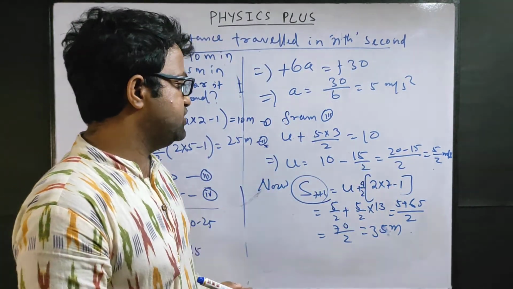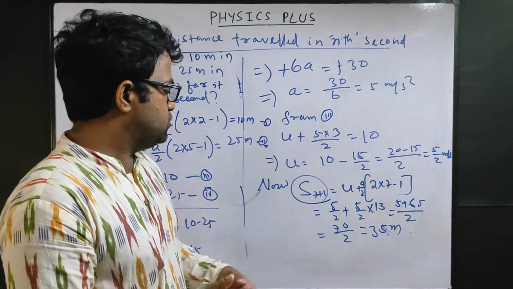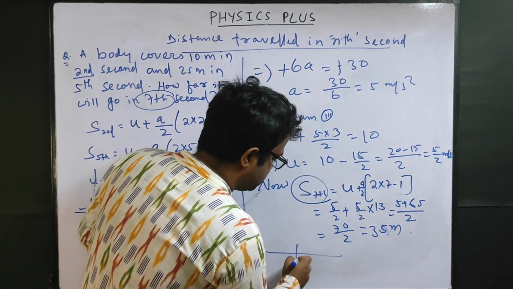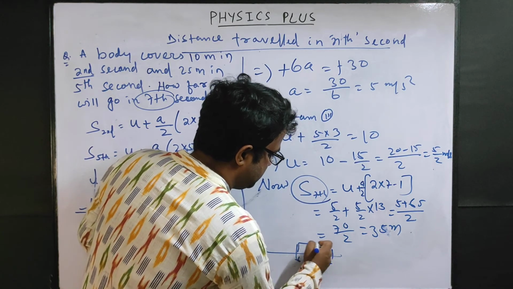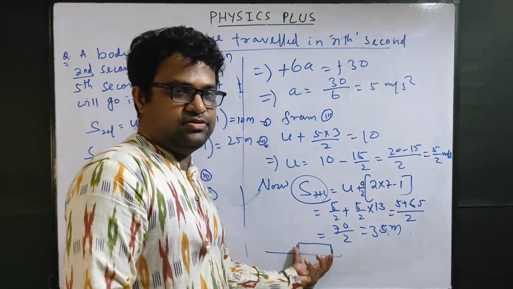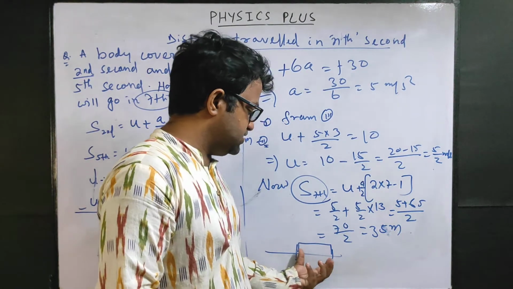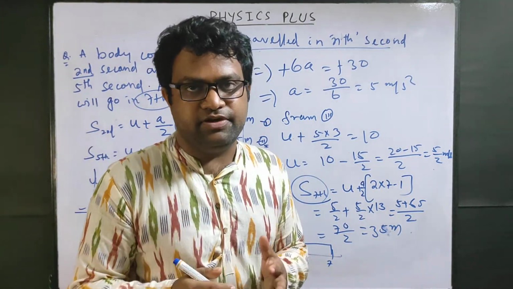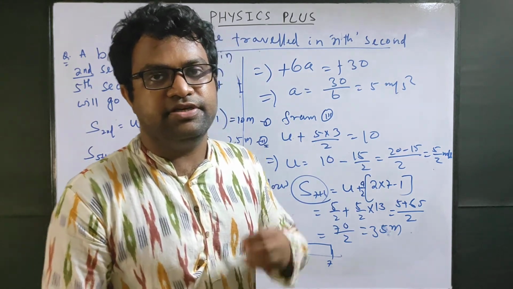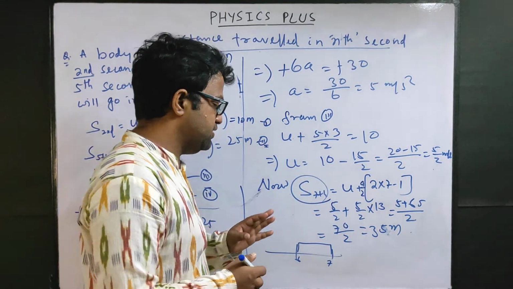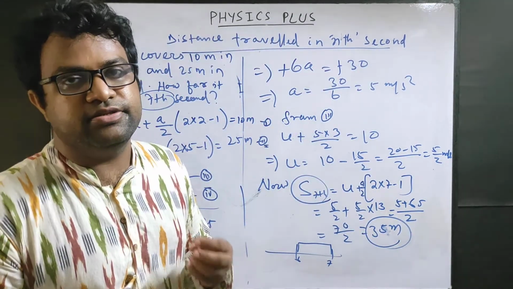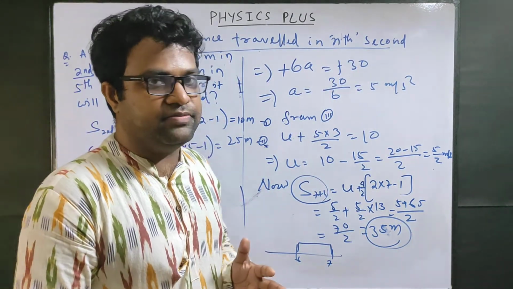The 7th second means from 6 second to 7 second, and that is the distance traveled in the 7th second, or nth second. So the object has covered 35 meter in its 7th second, right?